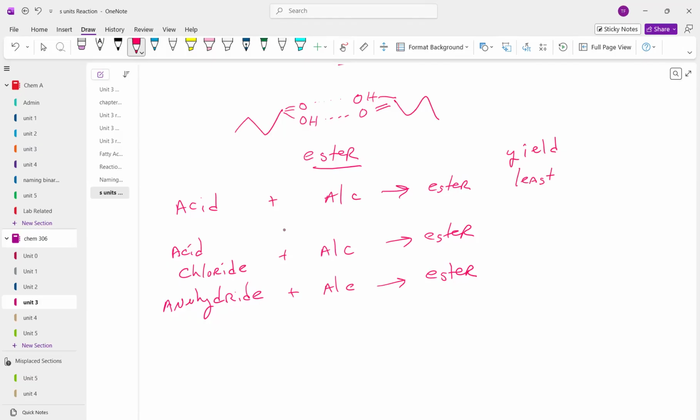As far as yields go, the least yield is going to be an acid plus an alcohol. The most yield is the acid chloride plus alcohol. The one in the middle is the anhydride, and that's what we used to make aspirin, the anhydride.